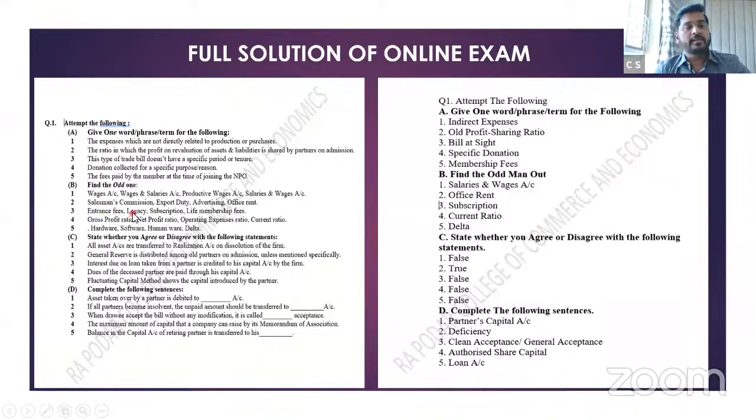Entrance fees, legacy, subscription, life membership fees, these are the things given. You are supposed to take subscription as odd. The reason being, the others are capital receipts. Interest fees theoretically is considered as a capital receipt, but if the question specifically tells you about interest fees to be capitalized, definitely we consider it as a liability.